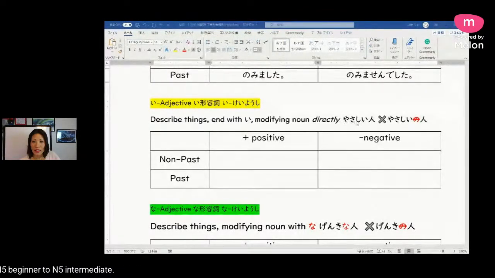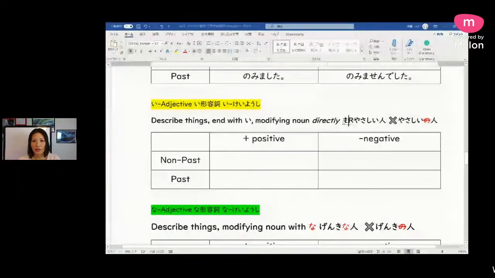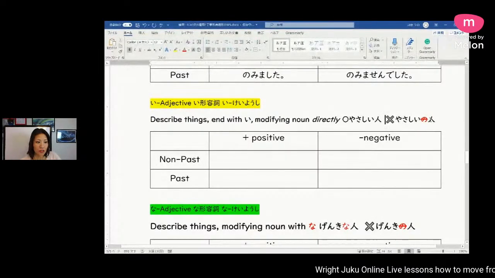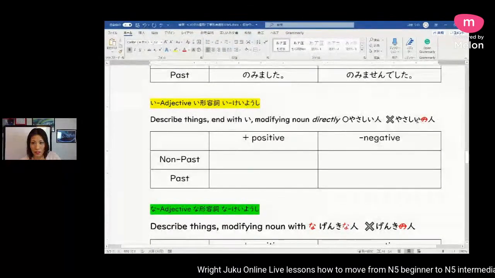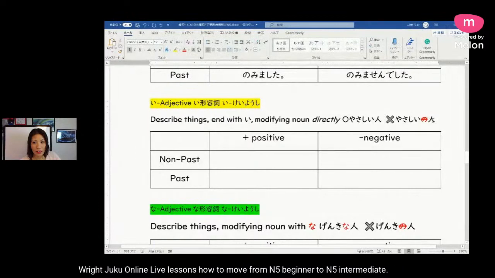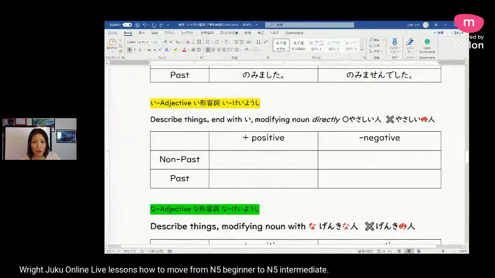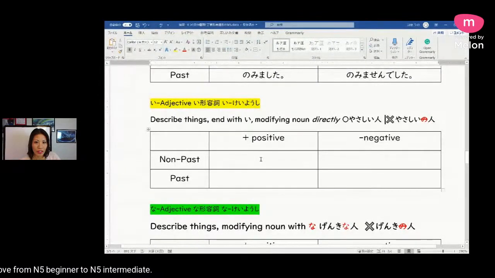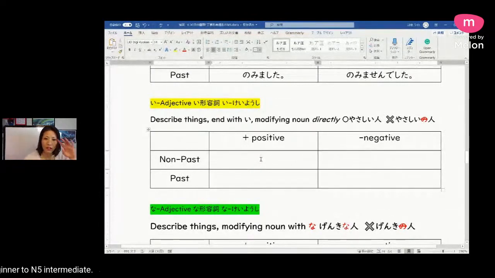For example, 優しい人, this is good. 丸. Right? And then ×優しいの人. I see this mistake a lot. They use no in between E adjective and noun, but it's wrong. So you note here. So every time you make a mistake, you can come back. And thank you. Let's use 多い for this table.